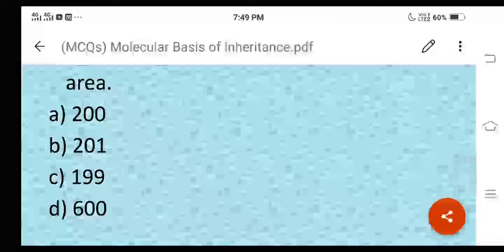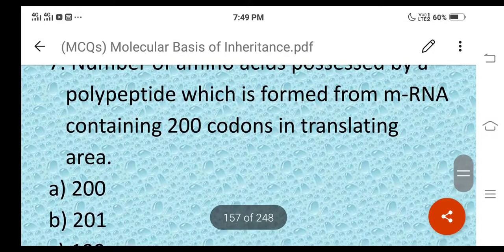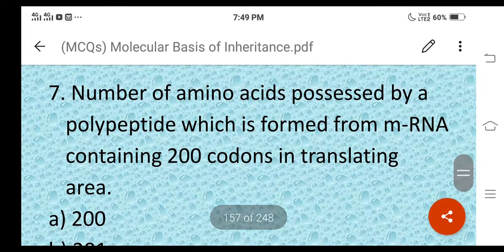Remember, here we should understand one codon will code for one amino acid. It means if there are 200 codons, they can code for 200 amino acids. Here we are going to minus 1, because in 200 codons definitely one codon will be a stop codon.